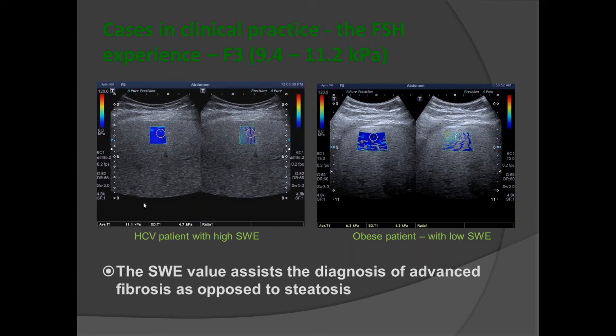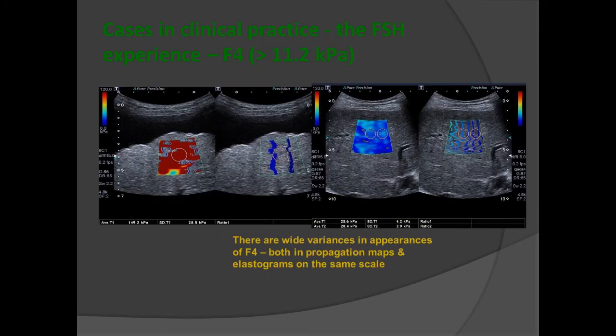As I said, most of our patients tend to be F0, F1 or F4 because they present at this stage. We're getting used to the fact that with our really high numbers, we're getting wide, thick lines and numbers that are really up there, like 150, as opposed to a lot of our other patients where we're still getting high numbers, but look at these elastograms.